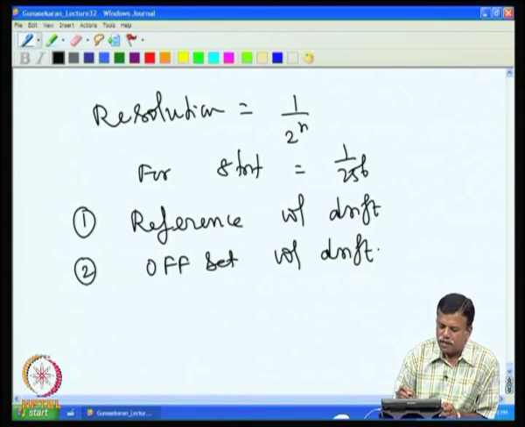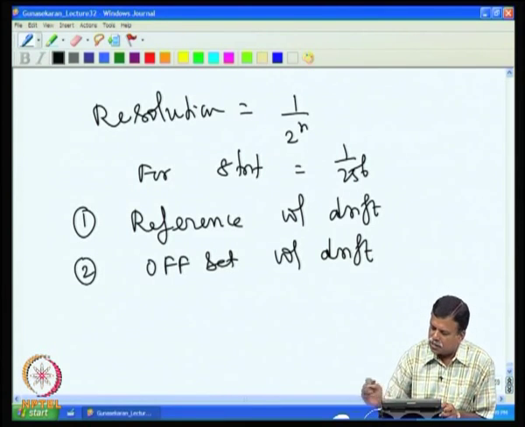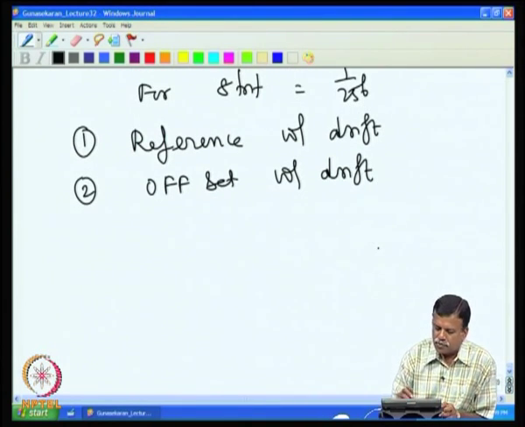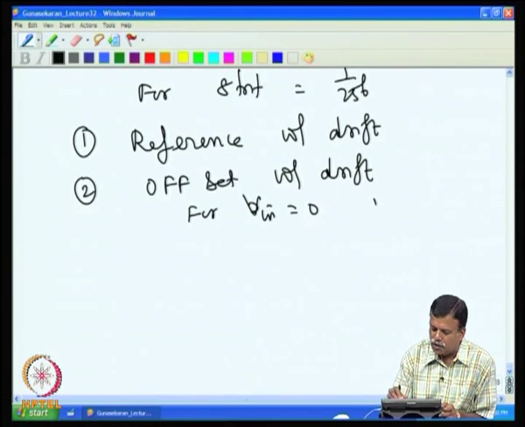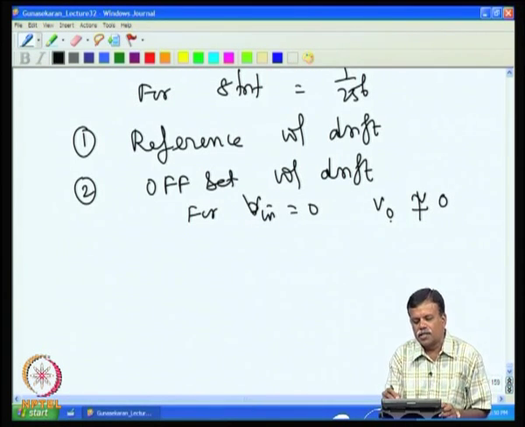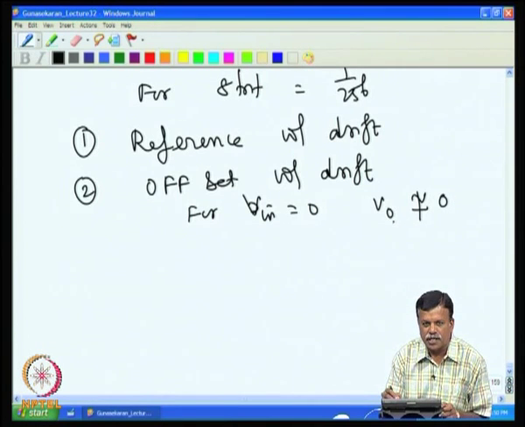Because if you have offset voltage, 0 input giving 0 output is not the case in most of the converters. For example, if you take the converter, for 0 V in, the output need not be 0 V. This is actually an offset voltage, but this offset voltage changes with temperature. So, this is another major error one has to worry about.